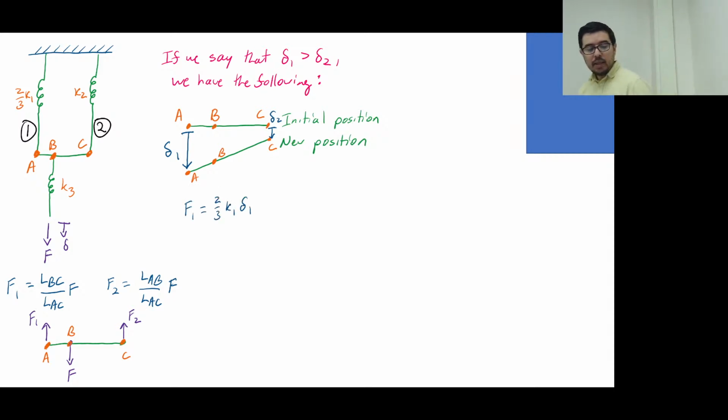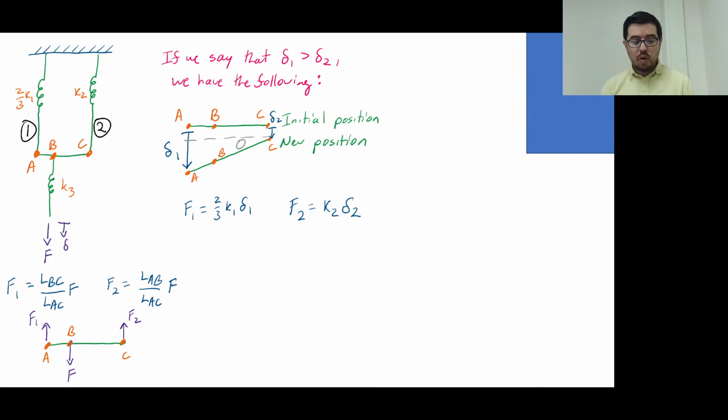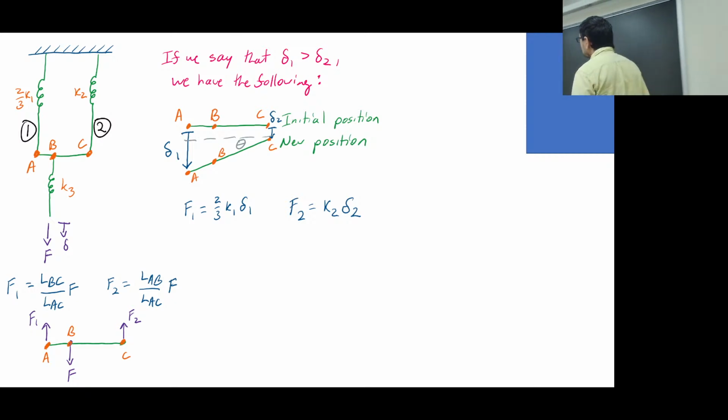When we go back to this diagram here, if you have an F1, this F1 here, we can relate that F1 to the spring constant of this leg and the delta 1. Similarly, we can relate the F2 to the spring constant and the delta 2. Now, here's an angle of rotation.